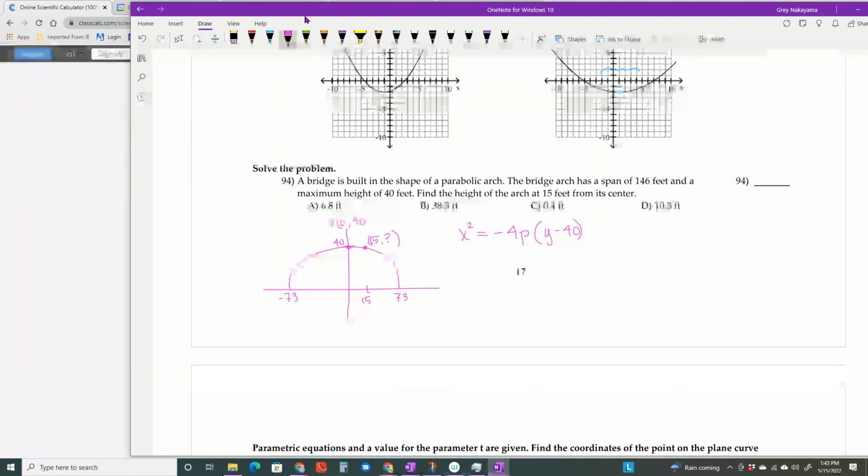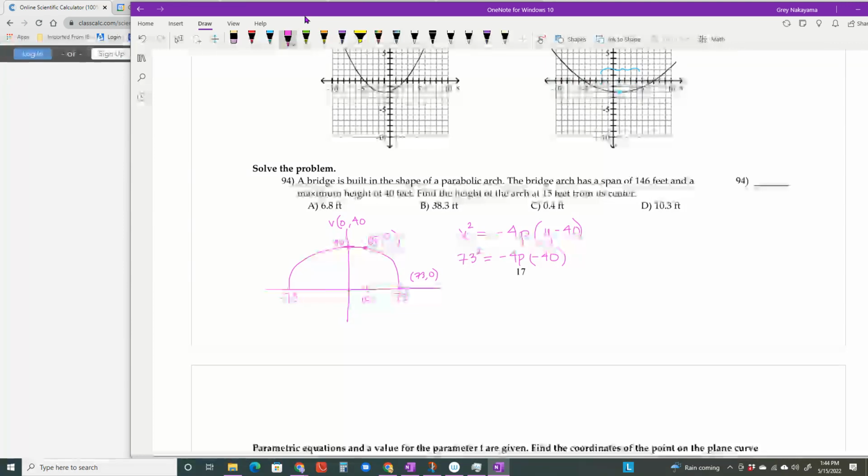Okay, so in this particular problem, I'm going to plug in this point right here. It's not 0, comma, it's 73, comma, 0, which means 73 squared equals negative 4p times y, and y is 0.